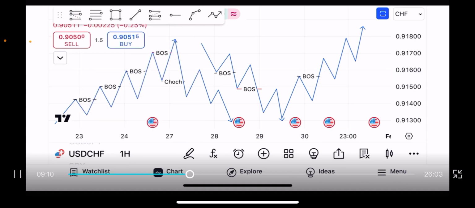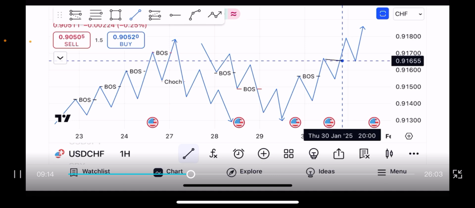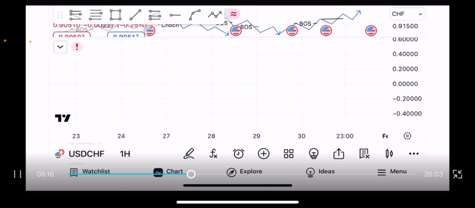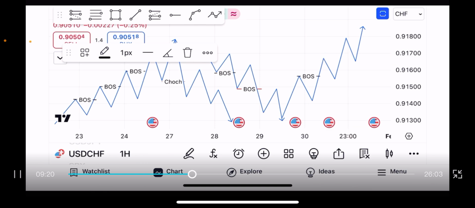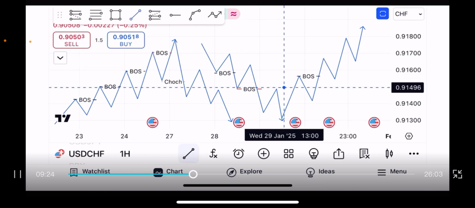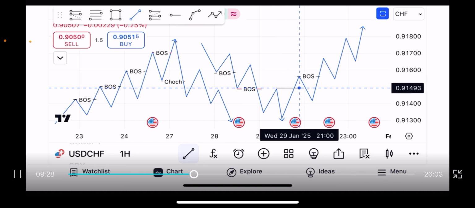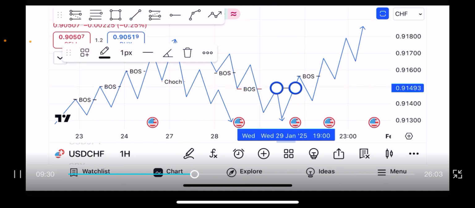You understand? This break of structure will be for continuation. Why? This one here is for reversal. You understand? This is for reversal.